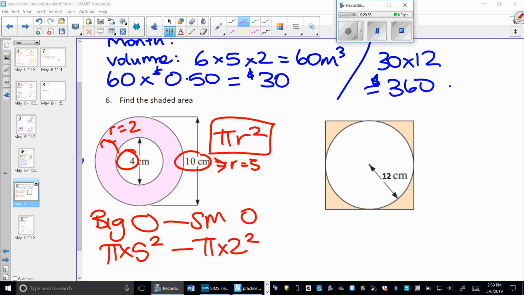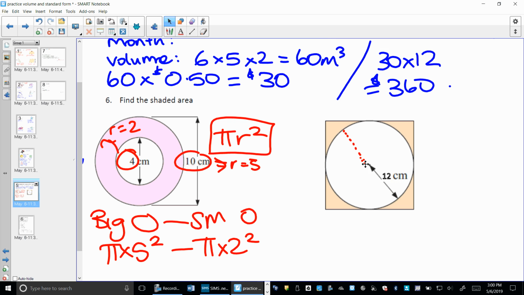Right, next one here. It's a little bit trickier here, because it looks like there's not enough information. We did talk about this briefly on Friday. But there is enough information. Do you remember I said to you, if this was my radius, I would know my diameter goes all the way across, yes?